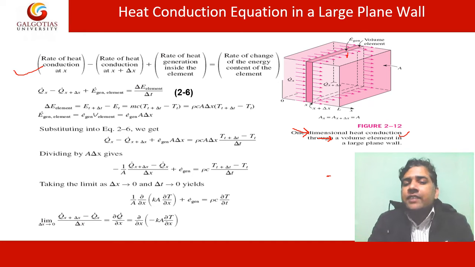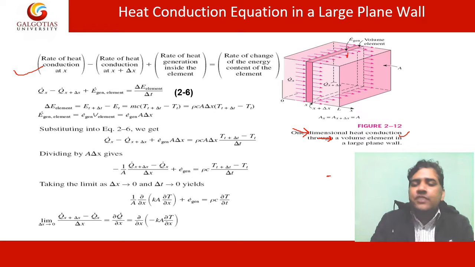Because heat is entering this small volume, if we consider this small volume as our system. From the laws of thermodynamics, we know that heat entering the system is taken as a positive quantity, while heat leaving the system is taken as a negative quantity. So the rate of heat conduction at x is positive, and q at x plus delta x is negative. That is why these two quantities are subtracted from each other.